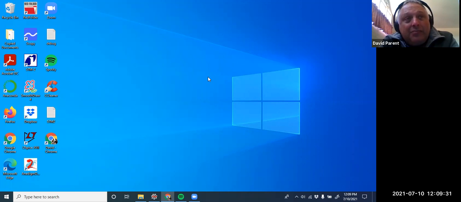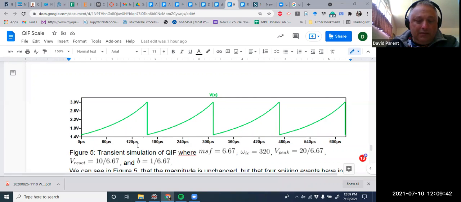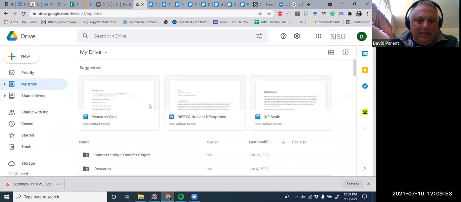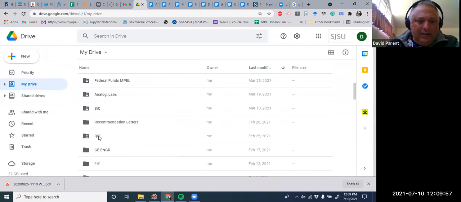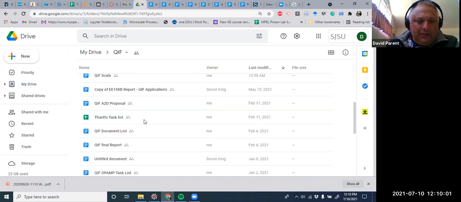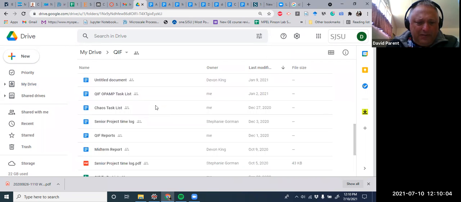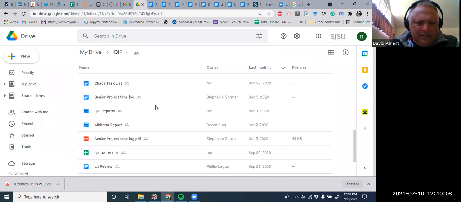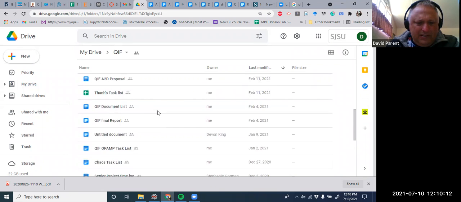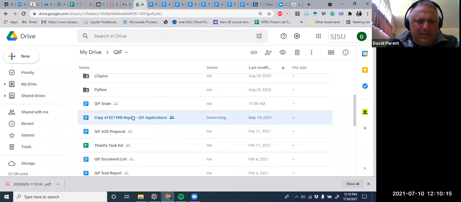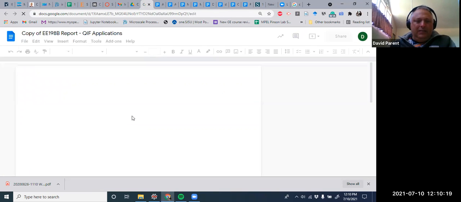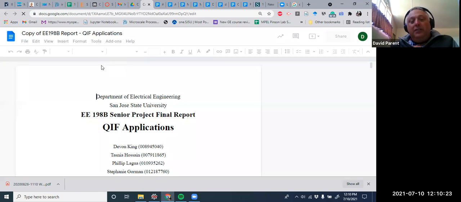I've had a lot of undergraduate projects where they're building it with op amps, but the latest bunch, so their final report, yeah, there's things to take this farther.